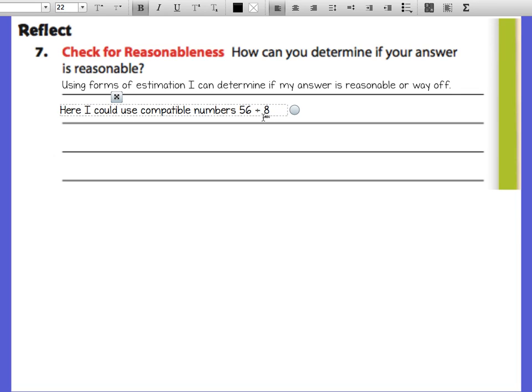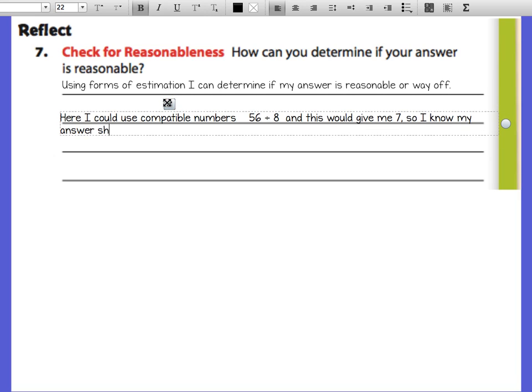And I know 56 divided by 8, they're compatible, and this would give me 7. So I know my answer should be near 7. And because I rounded down, I know that my answer should be smaller than 7. All right?